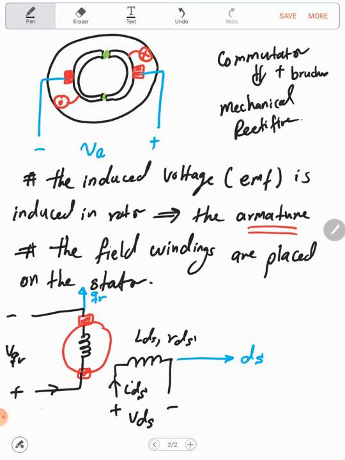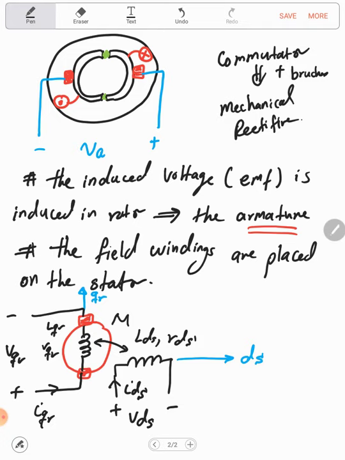A current will flow, which is the IQR. The same thing here, this coil has inductance LQR and resistance RQR. And let's assume we're having a mutual inductance between them, which for short we call M. So this means that the machine is already ready in order to use our voltage equation in the DQ reference frame.